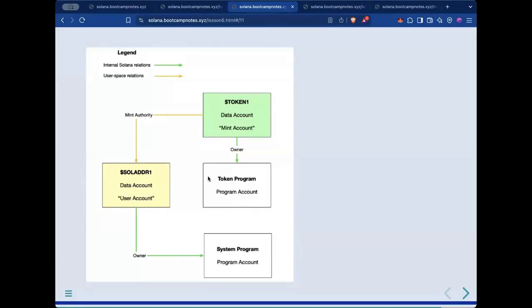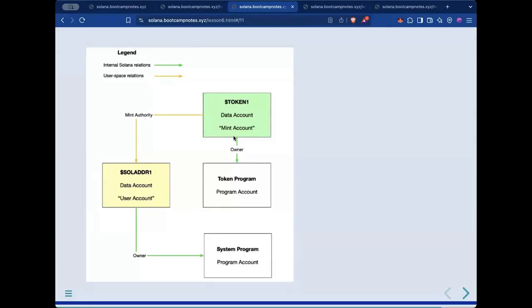And so for that, we have this thing called the mint account. We're going to create our token. We're going to create first of all an account, the mint account, which holds the general data about that token, the things that are true for all of the tokens of that type.